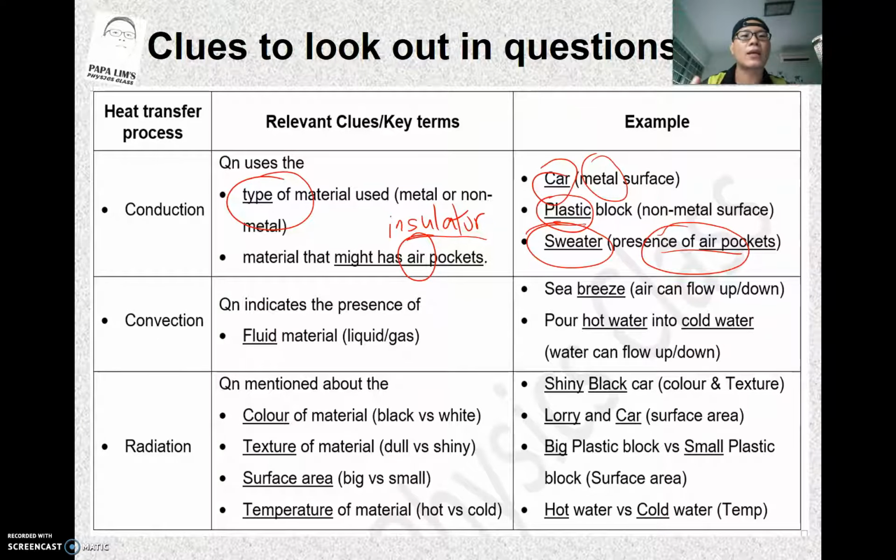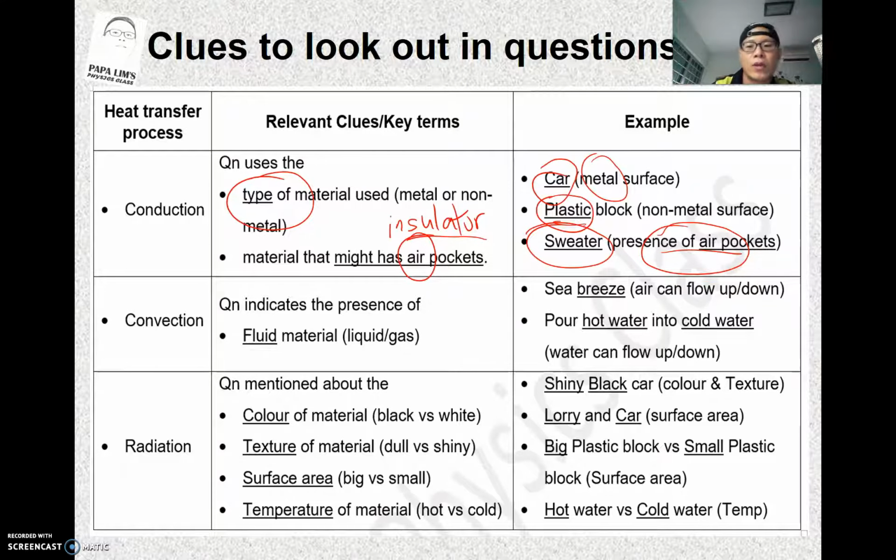So air pockets help students infer that the mode of transfer we are dealing with is conduction, and the culprit responsible for it is the air pockets. These are what we mean by clues.